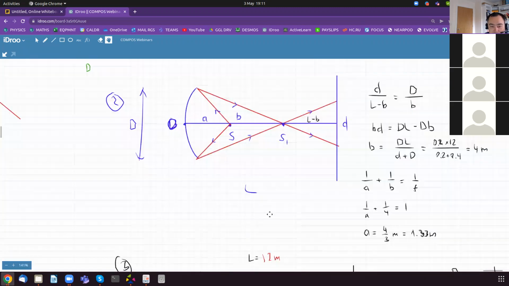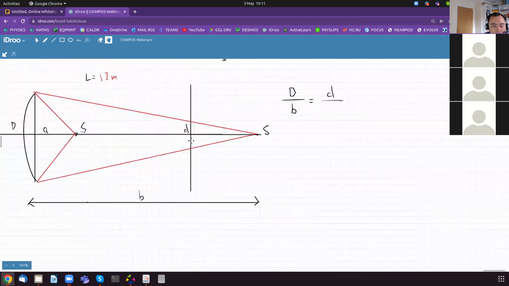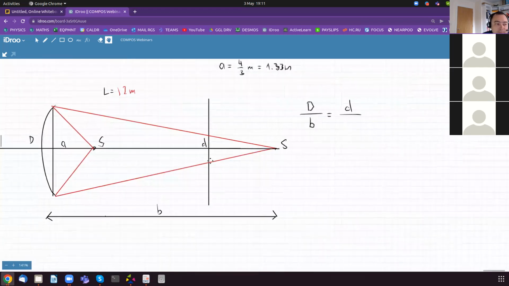So we're going to have a very similar situation here. D small divided by B minus 12.